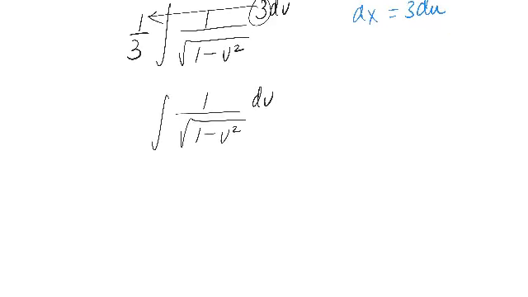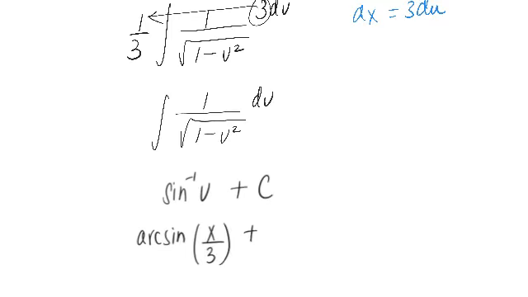And so my answer here will be sine inverse of u, because now it's in exactly the format I want, or arcsine of u. Now u is equal to x over 3, so our final answer is sine inverse or arcsine of x over 3.